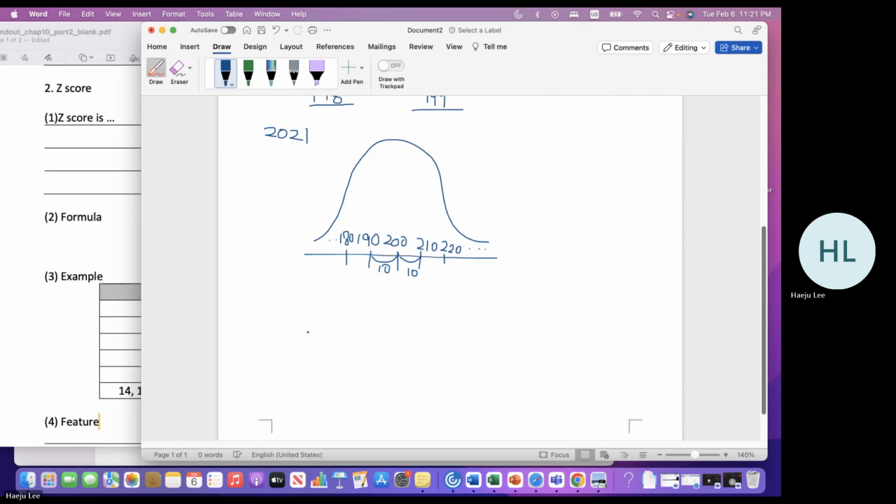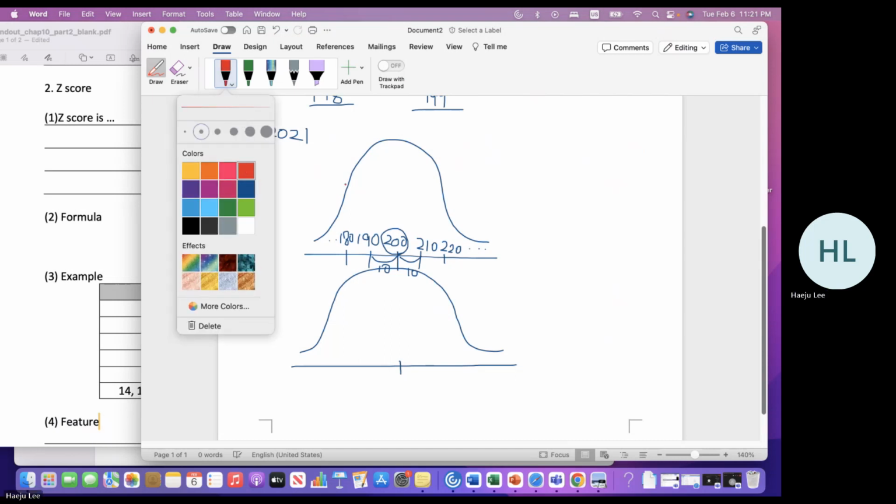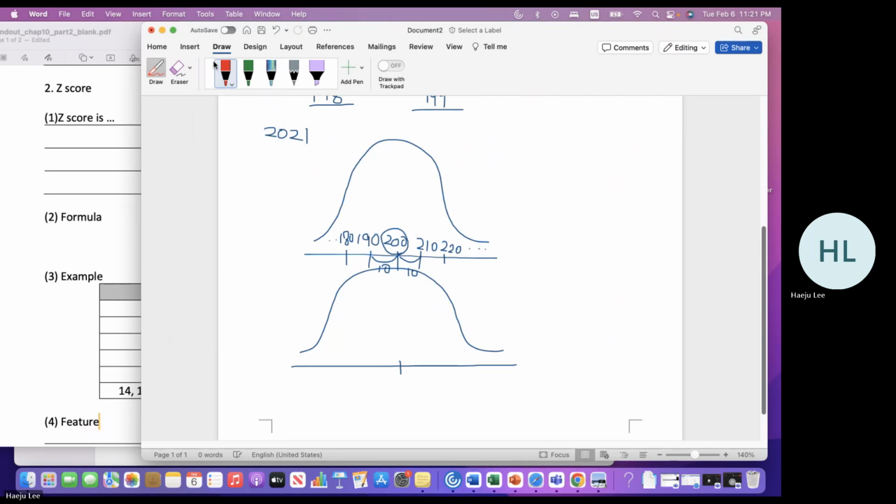So if we change this distribution into the Z distribution, this mean value changed.